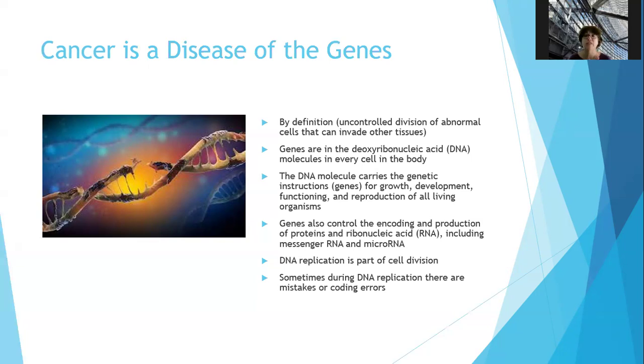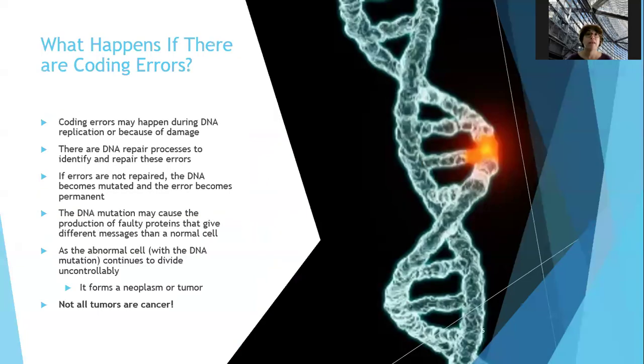So DNA replication is a part of cell division, and sometimes during DNA replication, there are mistakes or coding errors. That's one source of problems with the genes. So if there are coding errors, what's going to happen? There might be damage that happened during mitosis.